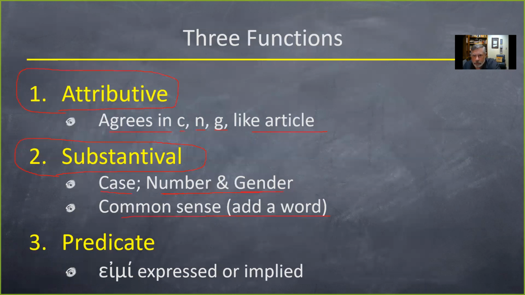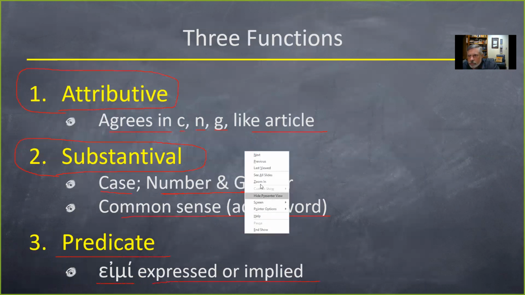There's also a predicate adjective, and the predicate adjective is associated with, just like we saw with the predicate nominative, a form of eimi, to be, whether it's expressed or implied. And we're going to go through some examples here next. So let me clear this and point out a couple of examples.